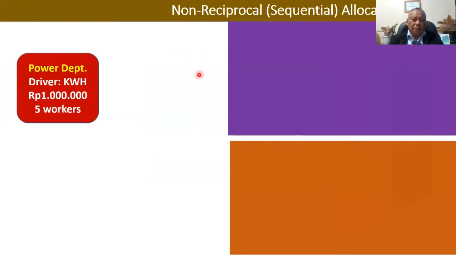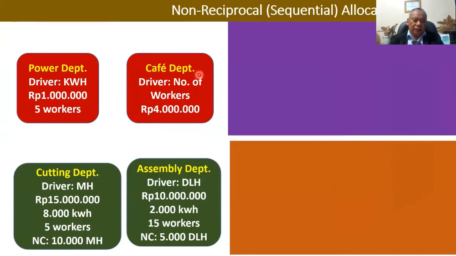We are using the same example, with the same data. If you are using non-reciprocal allocation methods or the sequential allocation method, we need to determine which service department will be allocated first: power department or cafe department.